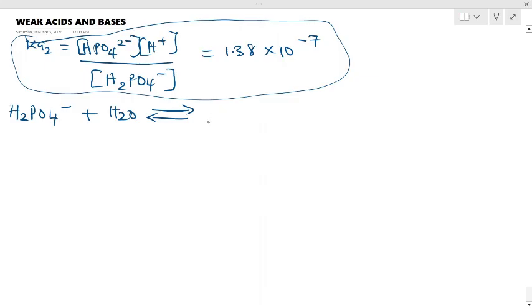equilibrium, forward and backward reaction, and we have H3O plus, the phosphoric acid donating a proton, and what you have left is your HPO4 2 minus.